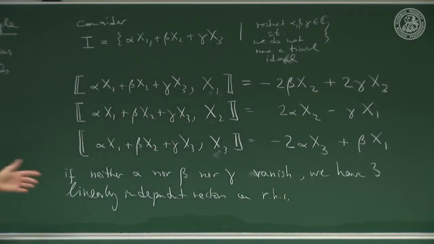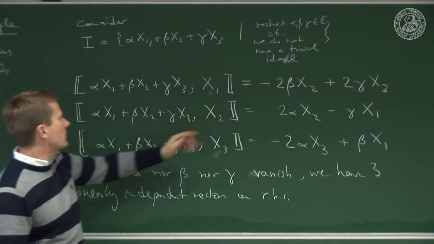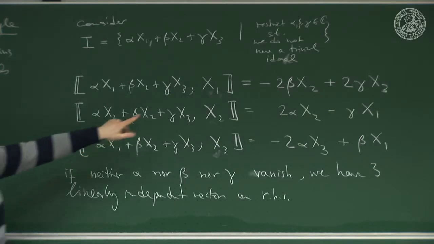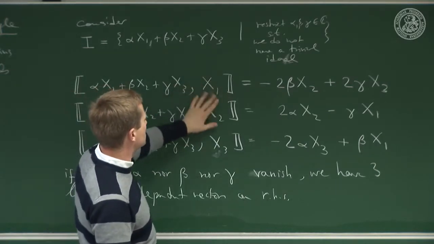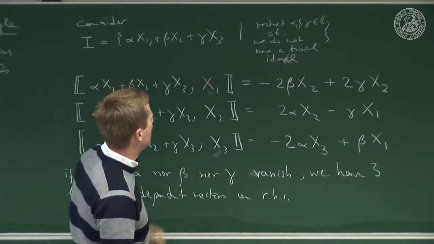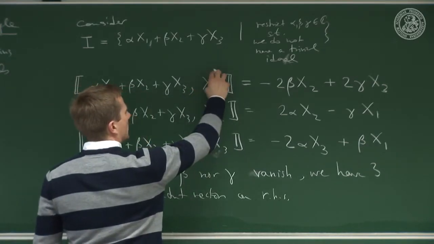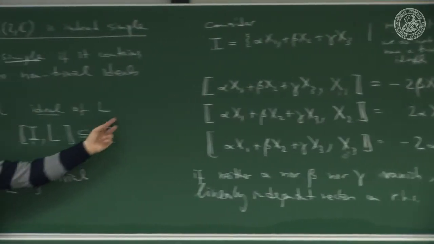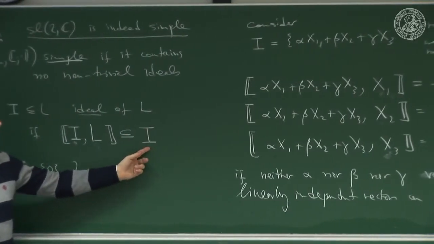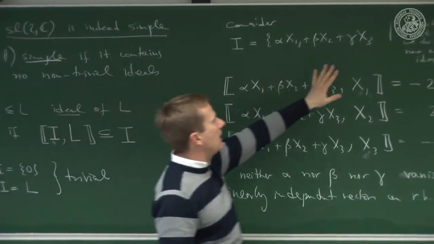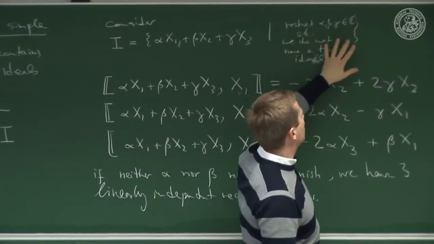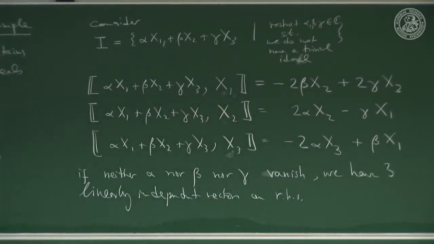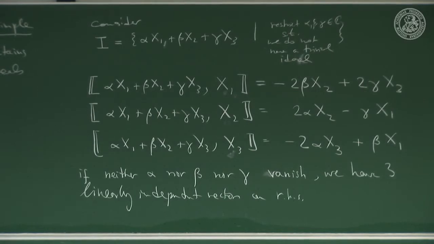Well, 3 linearly independent vectors, of course, produce, if I chose different factors and put into the third and the second entry an arbitrary linear combination, an arbitrary L, I would recover the entire L. So if I have restrictions here, whatever the restriction is, if not alpha, beta, gamma are 0, I recover all of the Lie algebra.